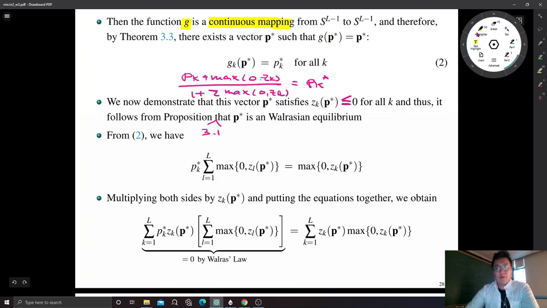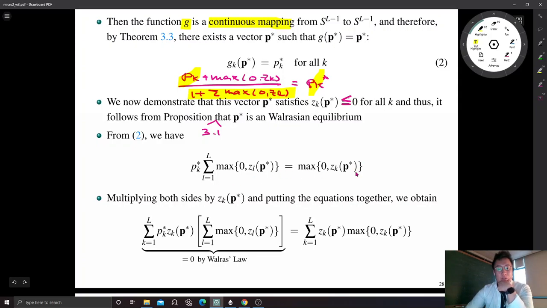And then multiplying both sides by this, moving this numerator to the right-hand side, and if you rearrange the equation, you will get this, because P sub k will be cancelled from both sides.